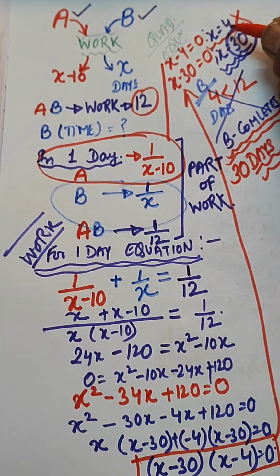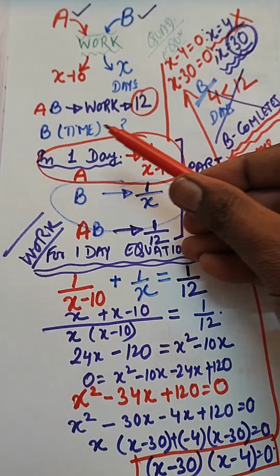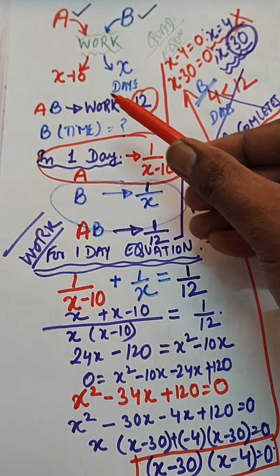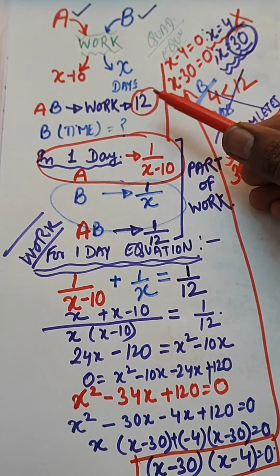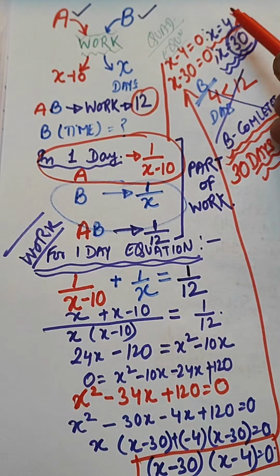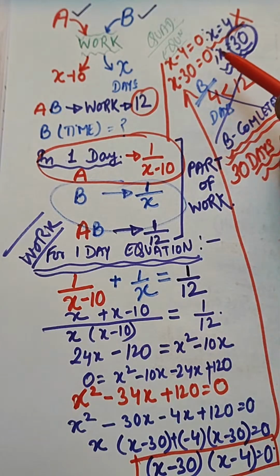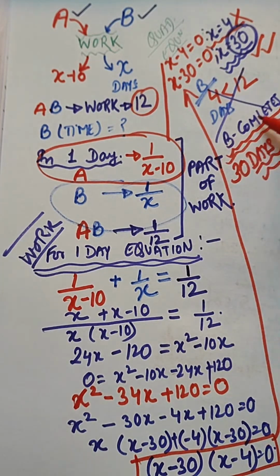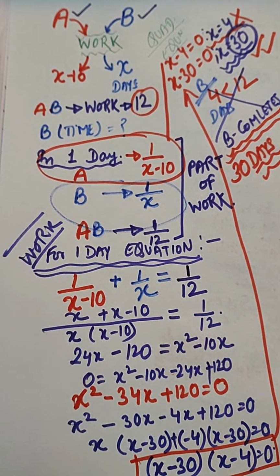We have not considered 4 because if they are working together, they are completing in 12 days, then how can B alone complete it in 4 days? Not possible. That's why cross, cross, cross. And we have considered the second option, x equal to 30. x equal to 30 is your correct option, and we say that B completes the work in 30 days, right? So with this, my dear friends, we can wind up today's session.